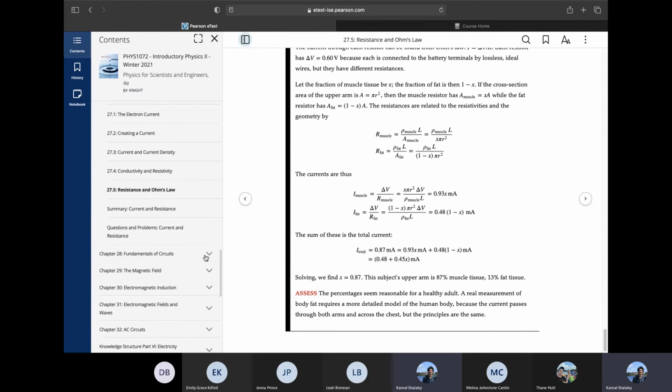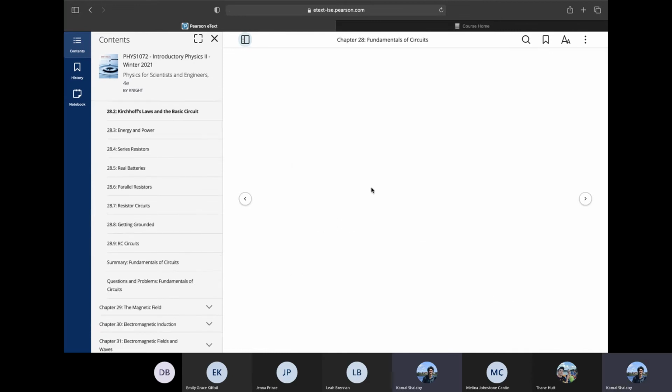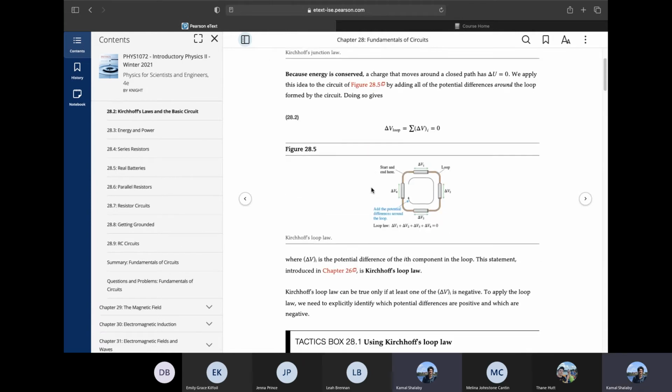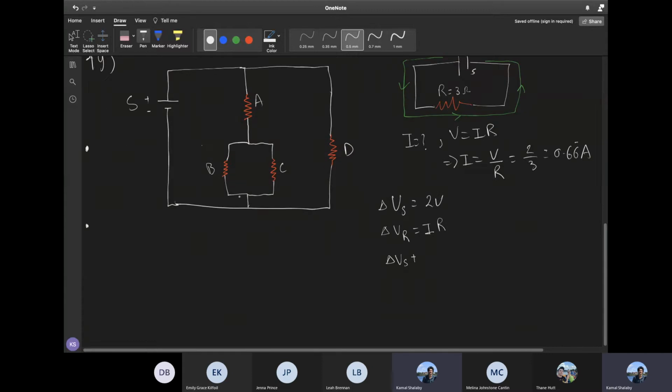The sum of the potential differences, delta Vs plus delta Vr, is equal to 0.